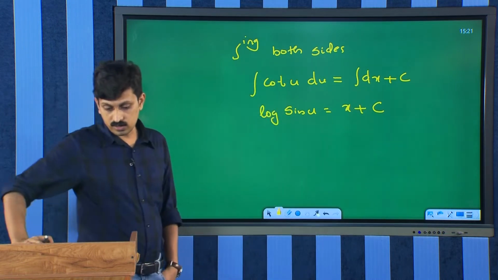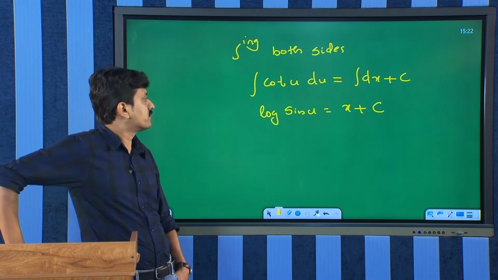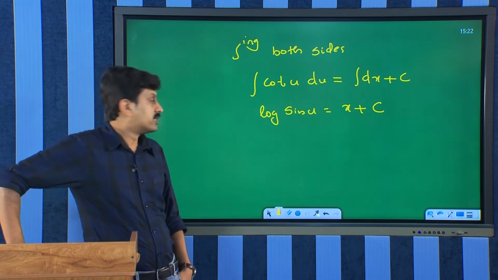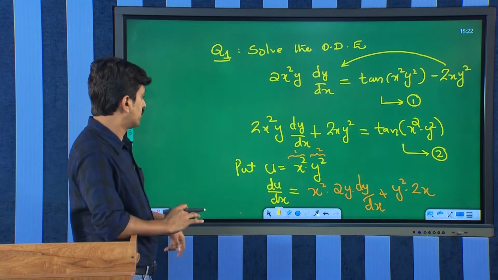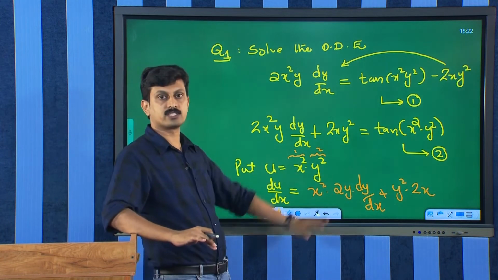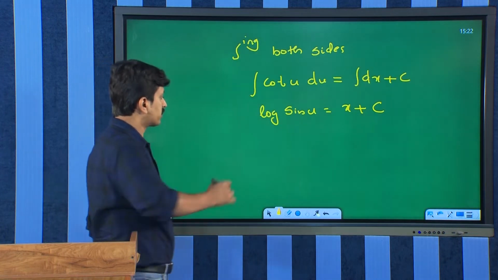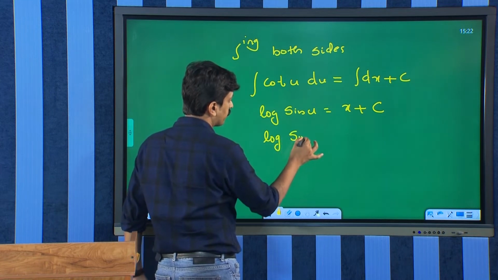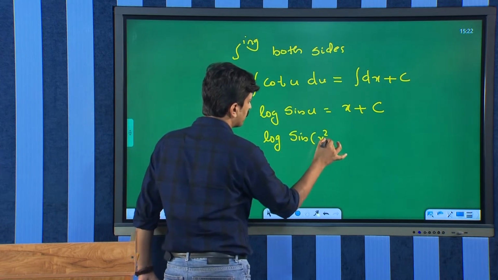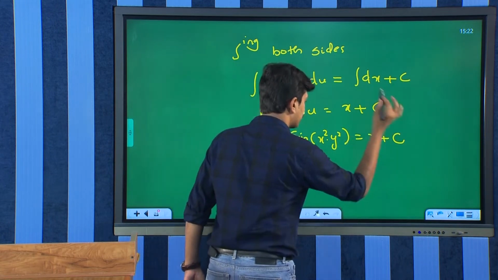So, log sin u is equal to x plus c. See, come back to u is equal to x square y square. So, instead of u we can replace it with x square y square. Therefore, log sin of x square y square is equal to x plus c.